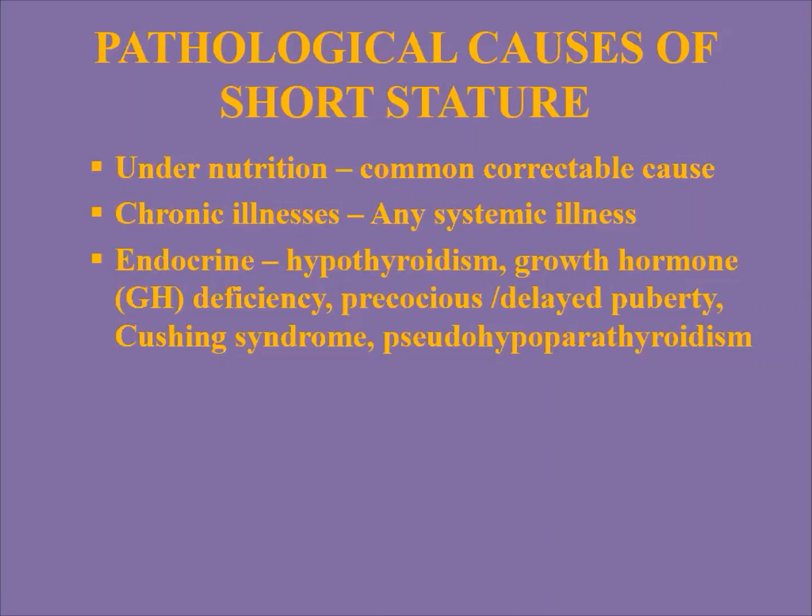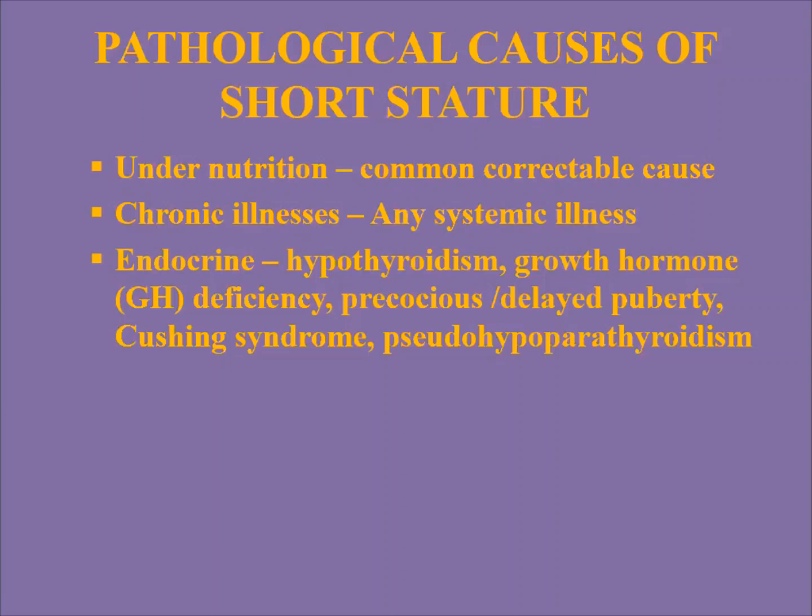Then GIT problems like malabsorption, chronic anemia, thalassemia, all these systemic illnesses definitely cause short stature. They can cause short stature in children unless they are looked after well and treated appropriately.